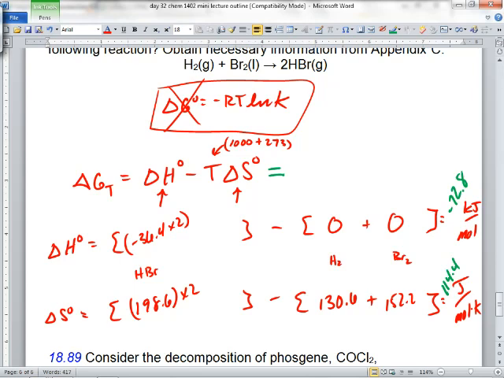So we'll have the negative 72.8 kilojoules per mole for our delta H, minus 1273 Kelvin, and then 0.1144 kilojoules per mole Kelvin. Okay. Oh, sorry. Let's see, our Kelvins are gone. So we end up with kilojoules per mole and kilojoules per mole. Should work.